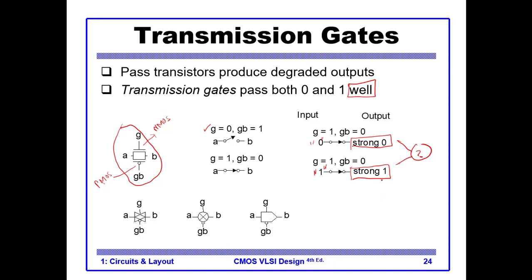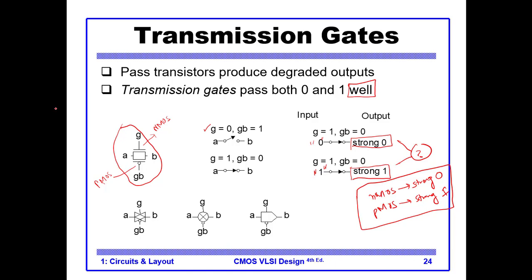If it is an NMOS, it gives you a strong 0. If it is a PMOS, it gives you a strong 1. So what is different here? It can give you both a strong 0 and a strong 1.